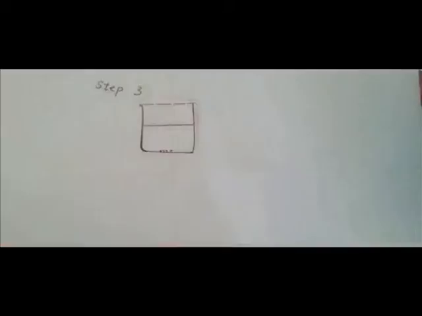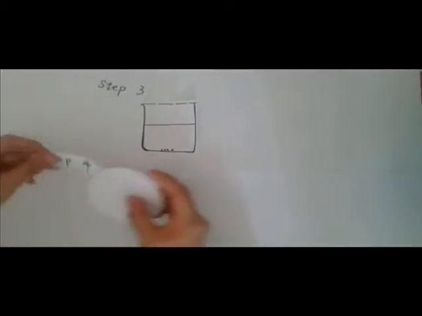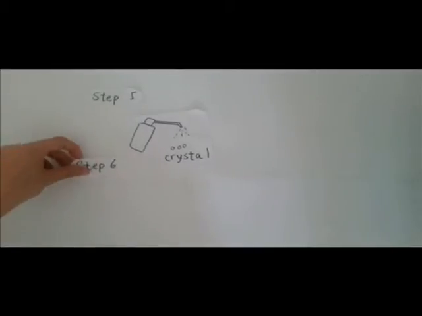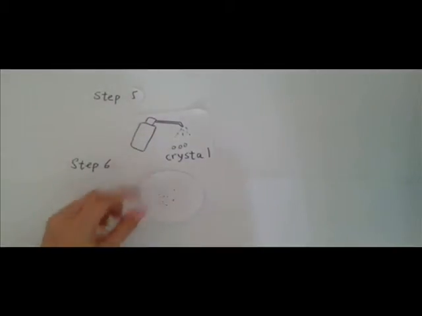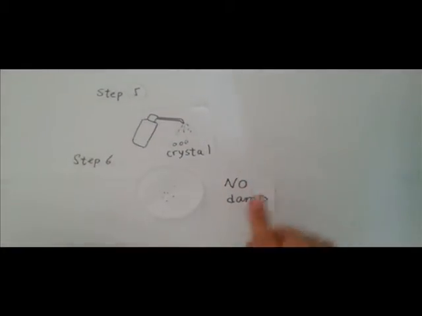Leave and wait for crystals to form. Filter the crystals off and obtain them. Wash the crystals with minimum amount of distilled cold water. Dry the crystals between filter paper until not damp.